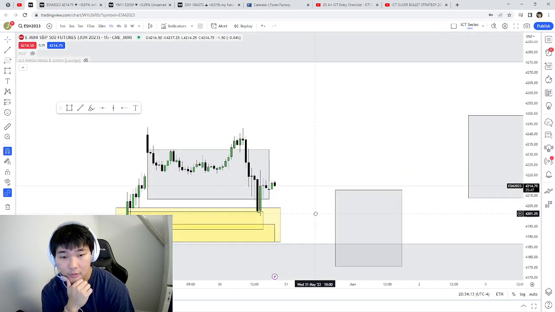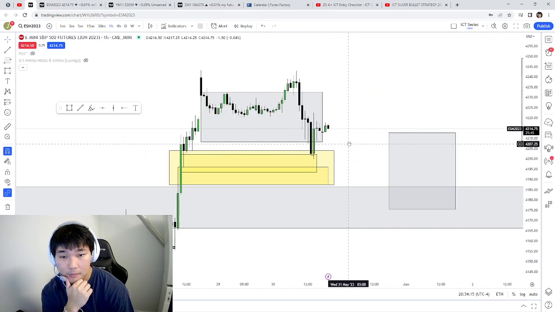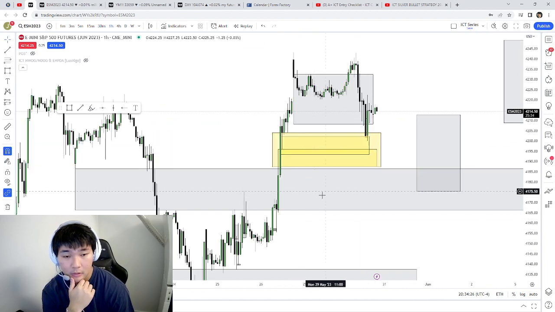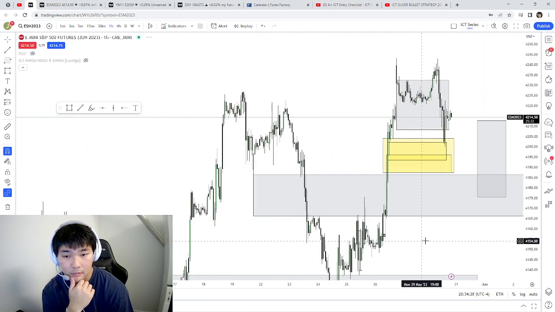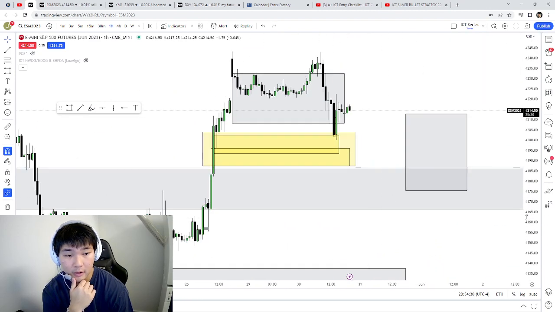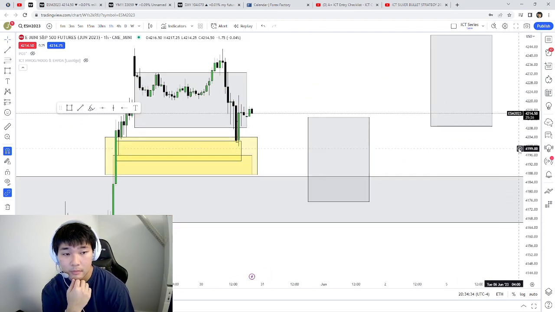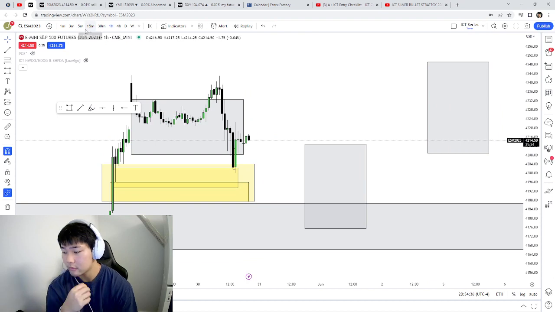We're just going to have to see overnight and see where that goes. But I am expecting some sort of retracement into a premium before displacing back down into this daily SIBI or inversion fair value gap, excuse me. So things like that, but that's going to be it for that.